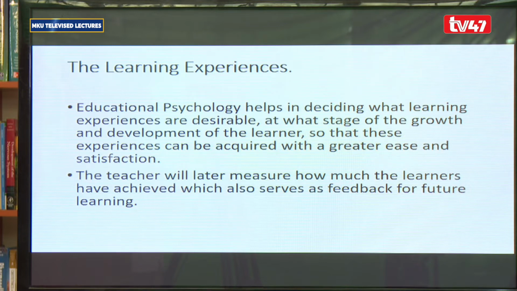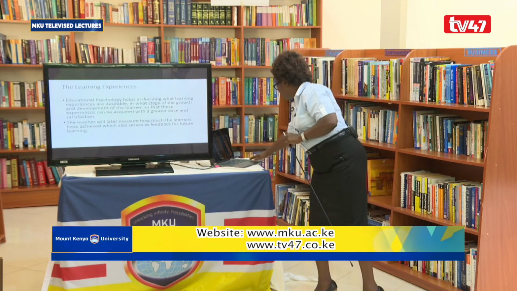Will I reteach the previous lesson, or do I have the strength or the courage to move on? So I must also appreciate that every learner in the class has a particular learning experience. So I must embrace all of them, so that all of them at the end of the day can benefit from whatever I am teaching them.